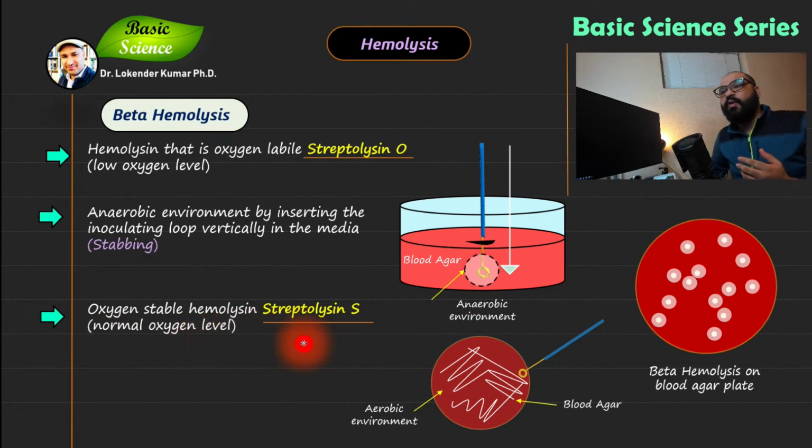So when someone is trying to detect Streptolysin S, that particular analyst will grow the bacteria, Streptococcus pyogenes in this case, under the normal oxygen conditions. If the analyst or the researcher is trying to detect the Streptolysin O, the bacteria should be grown under the low oxygen level.